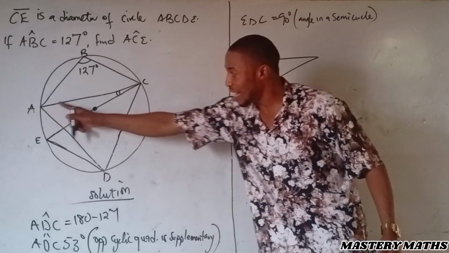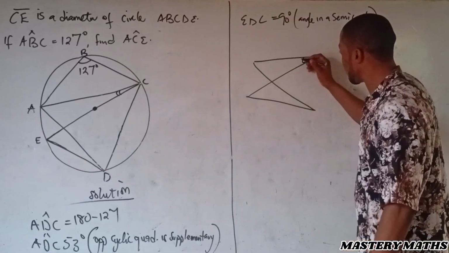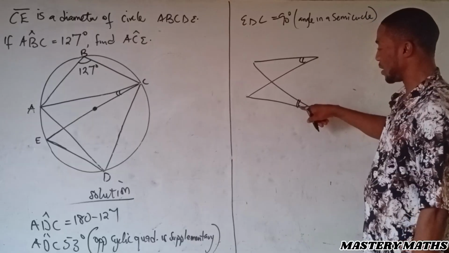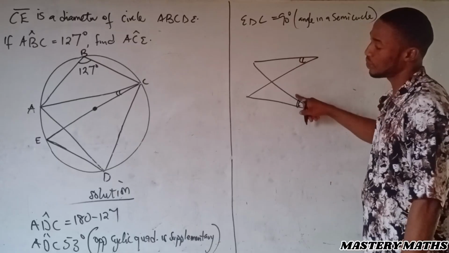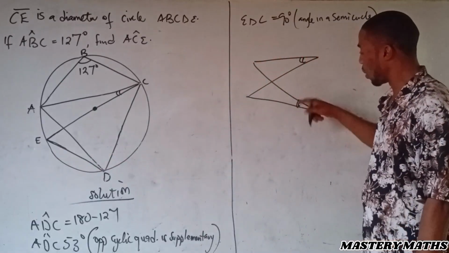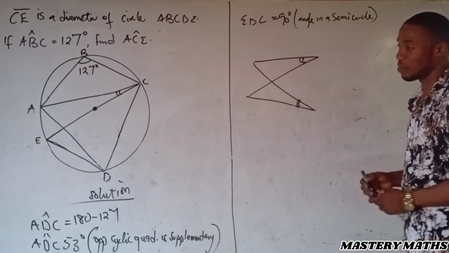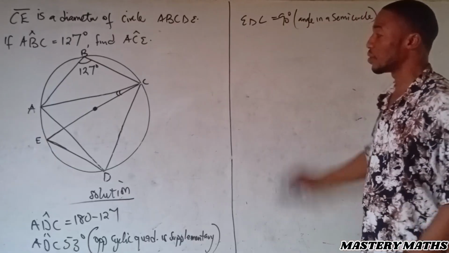They say we should look for this side. In order to get this side, you need to get here first. Anything you get here, you call the same thing here, making it angles in the same segment. So that is why we first look for this angle here, and then we'll call the other part the angle in the same segment. That is the meaning of the ACE we are talking about.